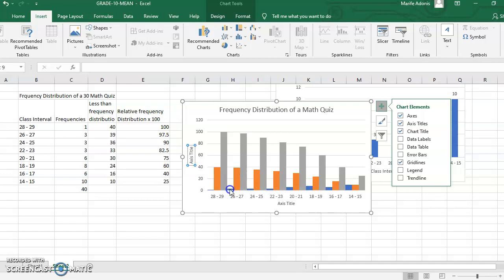Yung blue is the frequency, yung ano niya. Ang tawag dito, less than cumulative frequency. No? So, ganyan lang, no? So, pwedeng look at that, no? So, yan. Kita nyo, frequency sa baba. Ayan, may parehas. Okay, ito yung less than cumulative frequency at nasa taas yung relative frequency distribution. Okay? So, ganyan lang po, guys.